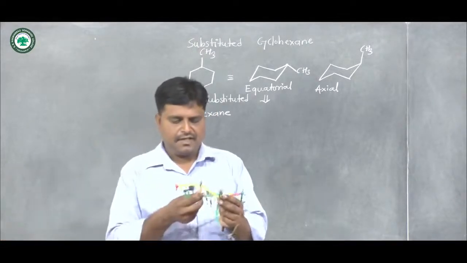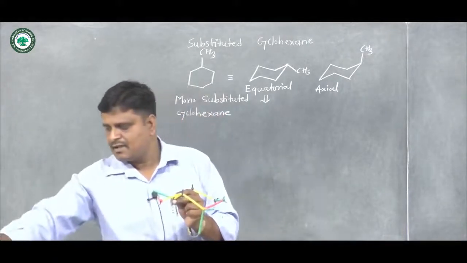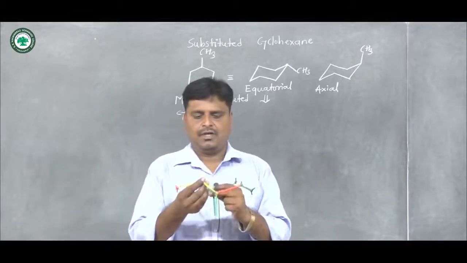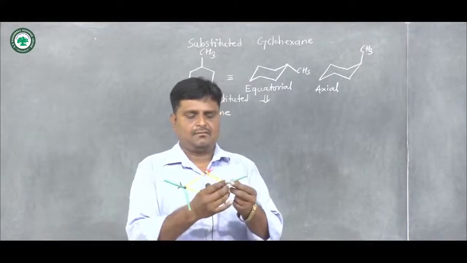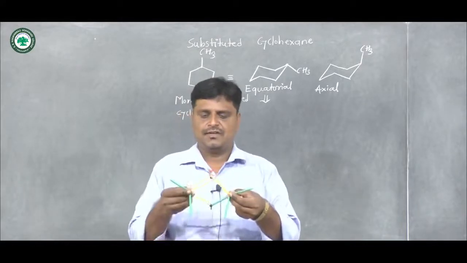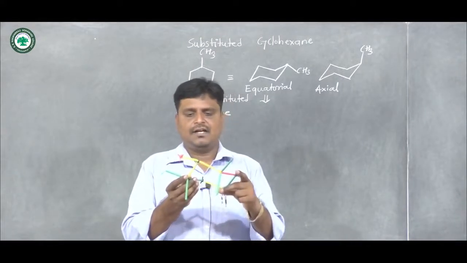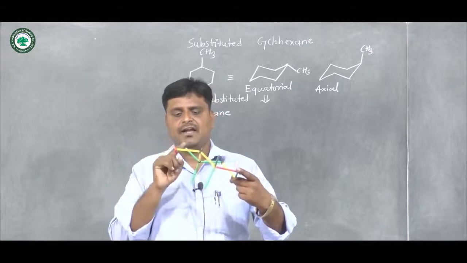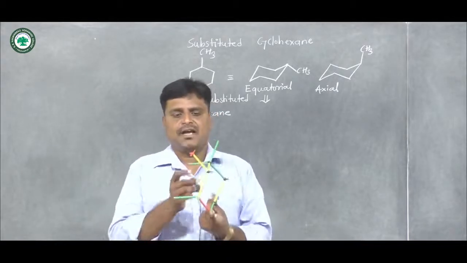We are representing those protons by green sticks. So you see here this is the structure, and this is the methyl group, and these four protons are present on the adjacent carbon atoms.